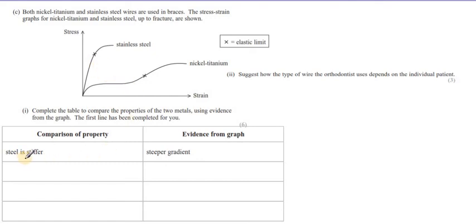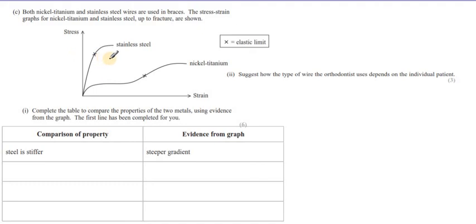So first, steel is stiffer, because of course it has a steeper gradient, and you can write many points. At least you can say that stainless steel is stronger than nickel titanium, because it is bearing a larger amount of stress than the nickel titanium. So steel is stronger because of large stress.